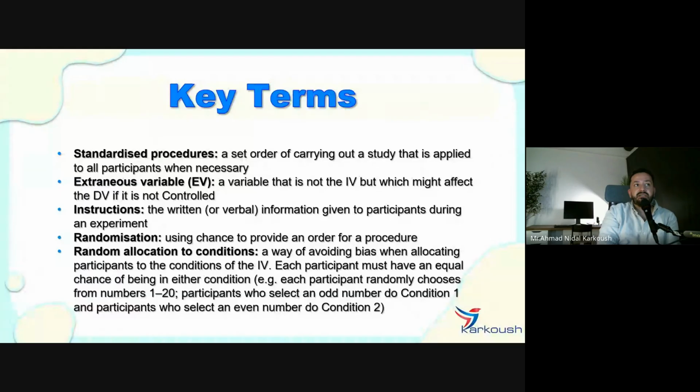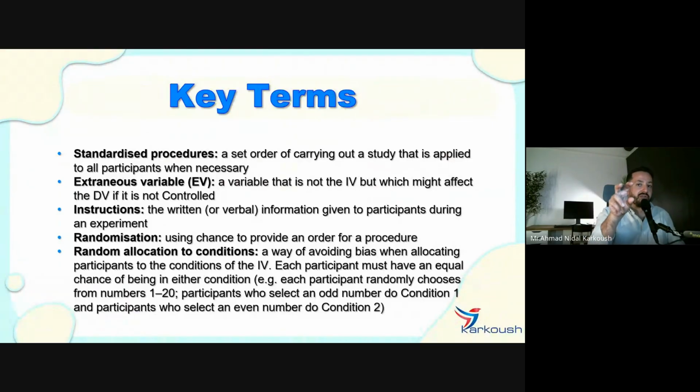Now, we have extraneous variables, and these are EVs. A variable that is not the independent one, but it might affect the dependent variable. So I'm trying to measure the impact of changing the independent variable on my dependent variable.